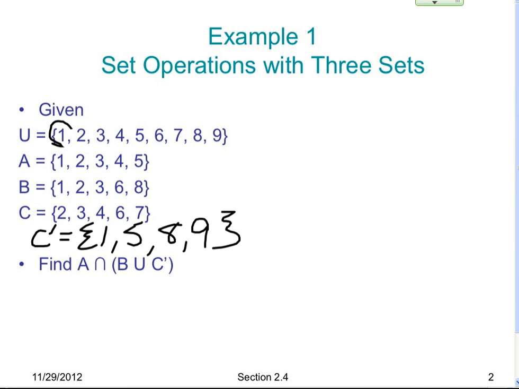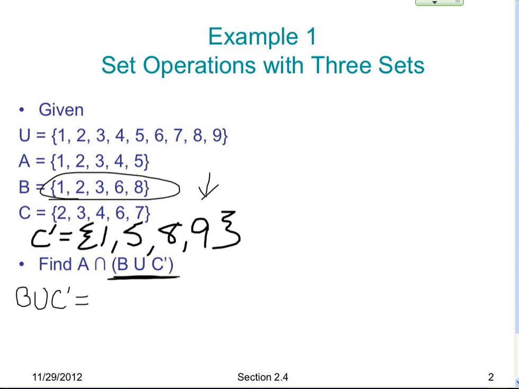From here, I need to find B union C complement. So that set that I just found, 1, 5, 8, and 9, I want to find the union of that with B. So here's B, and here's C complement. When I take B union C complement, remember the union means put the two sets together.